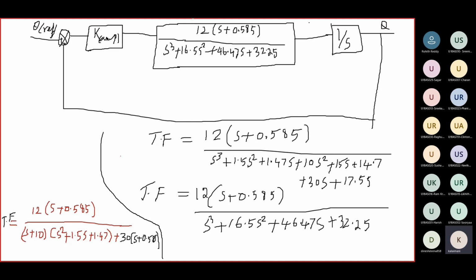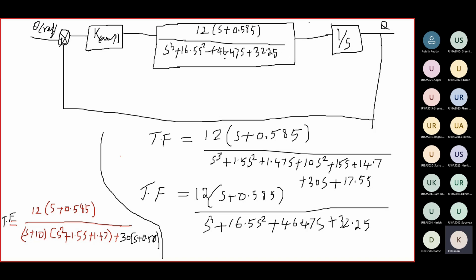Now it is your outer loop of your jet transport aircraft autopilot system. So here these two blocks are again multiplied, then 1 by S into this whole thing, then again we will get 12 into S plus 0.585.